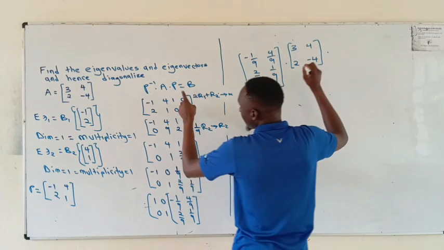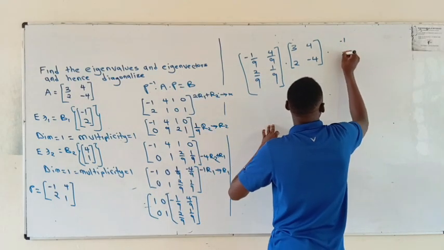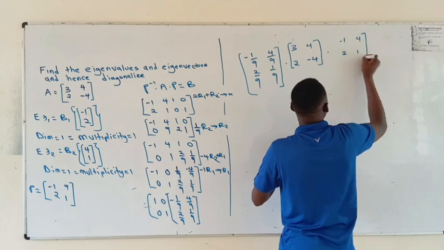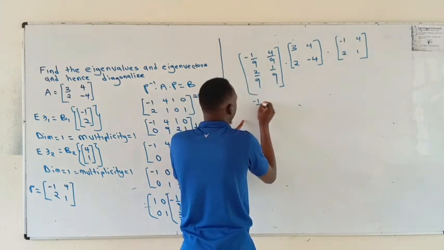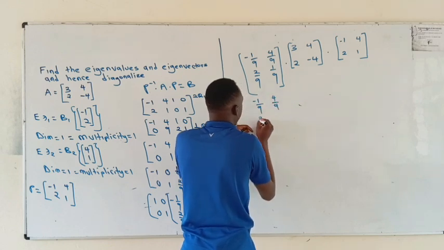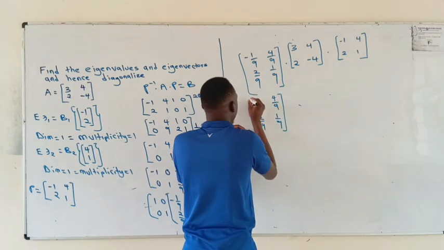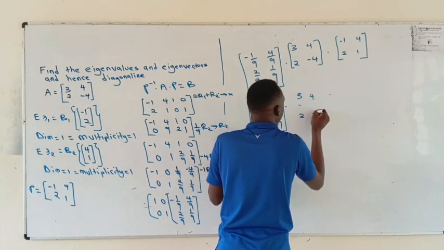Then we multiply by our P. Our P is negative 1, 2, 4, 1. Now we can start with these two. We have negative 1 over 9, 4 over 9, 2 over 9, 1 over 9, times 3, 2, 4, negative 4.